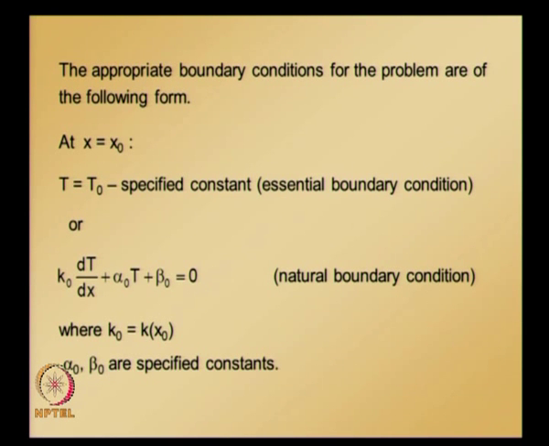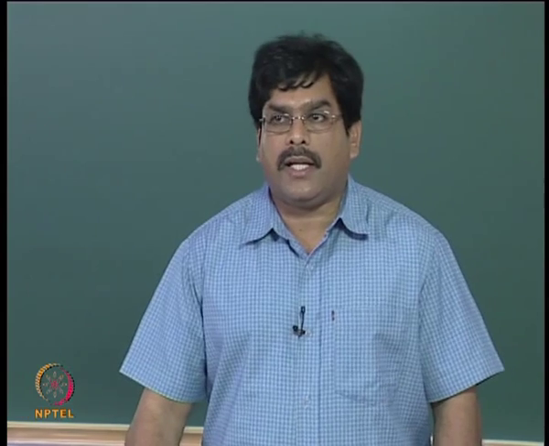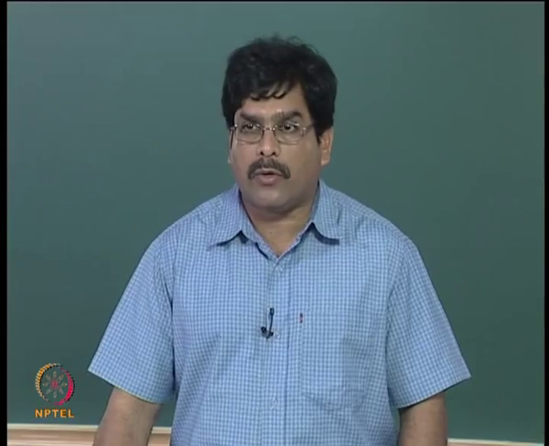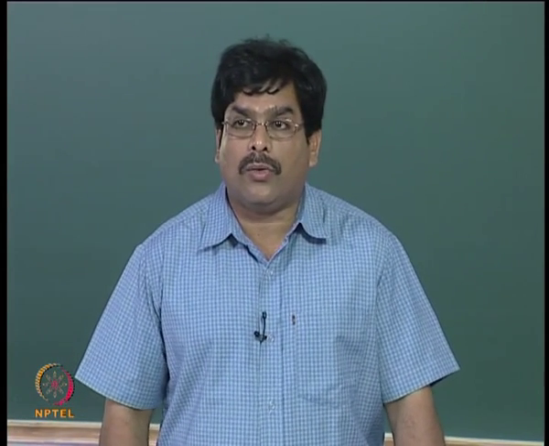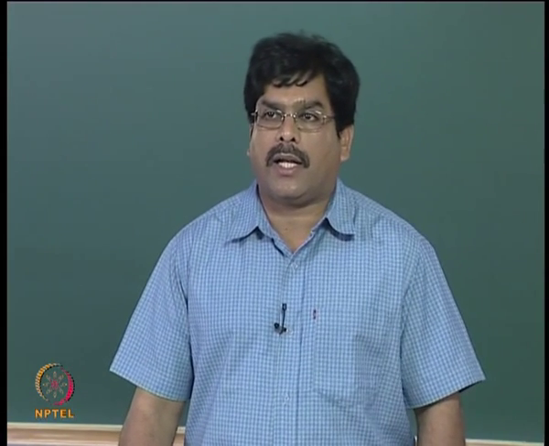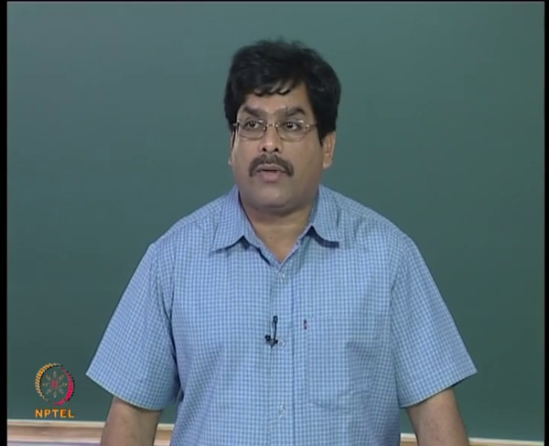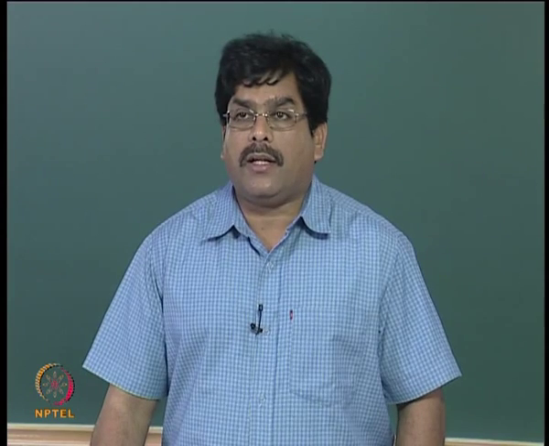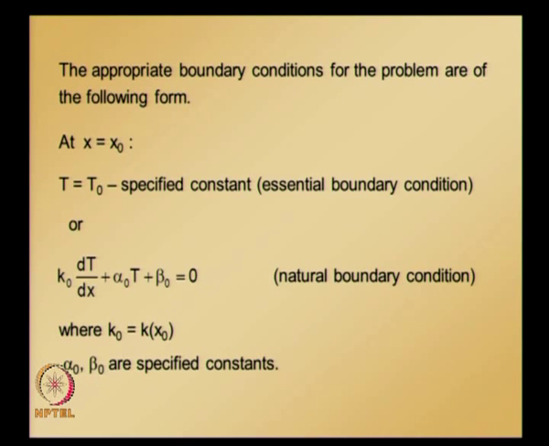Using the thumb rule that we looked at in the earlier classes, you can easily check that the second boundary condition is a natural boundary condition. Here k naught is the known coefficient k evaluated at x is equal to x naught, and alpha naught and beta naught are some specified constants. Either of these boundary conditions can be specified at x is equal to x naught.